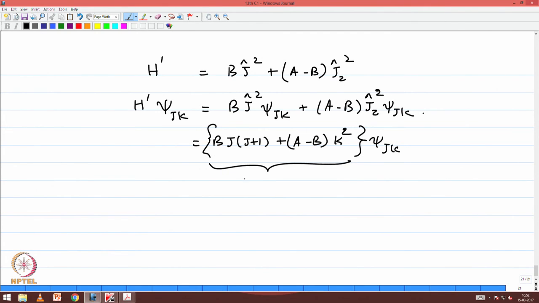Therefore, this is still the eigenvalue and eigenfunction.